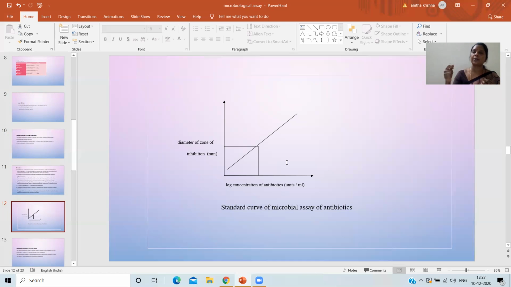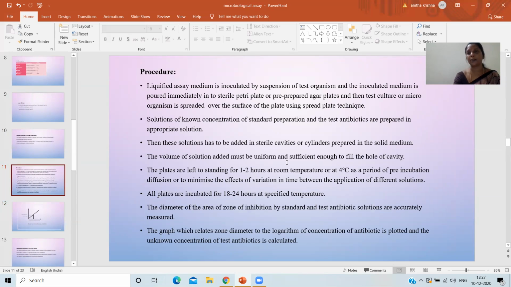Then these solutions are added to the wells you have made in the solid agar medium. Here we have to make sure that the quantity is uniform, and whatever quantity is added should fill the pit completely. Then incubate for 1 to 2 hours in order to avoid the variation because of the time gap in filling the different solutions. After that, incubate for 18 to 24 hours.